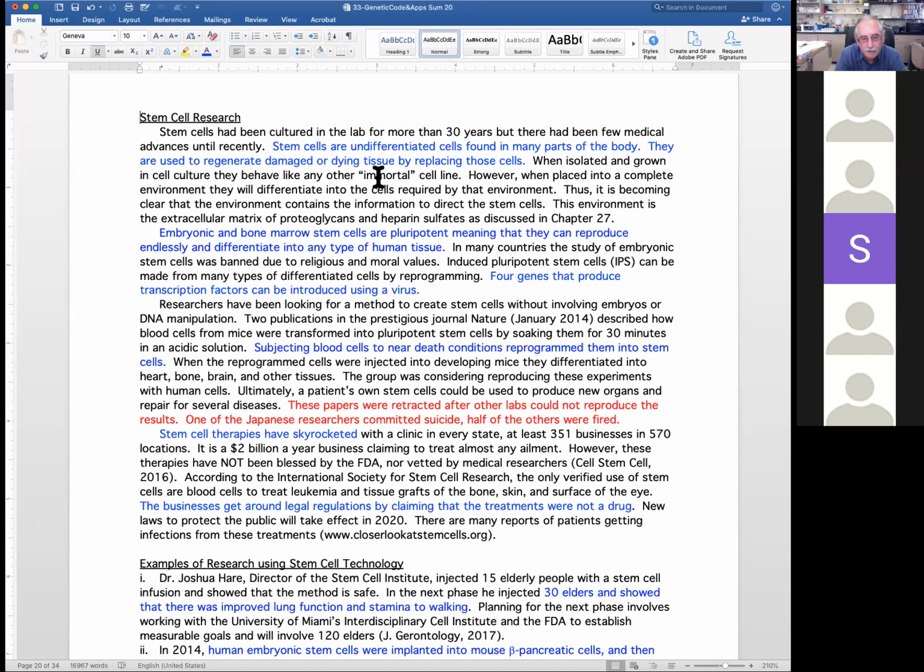So if you take any cell from the human body or an animal, it can't be a stem cell. But embryonic means from an embryo, and bone marrow stem cells are pluripotent, which means that they can reproduce endlessly and differentiate into pretty much any type of human tissue.